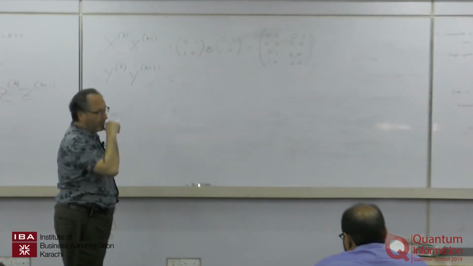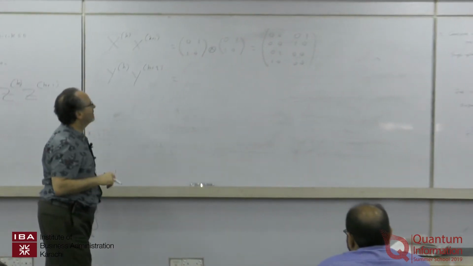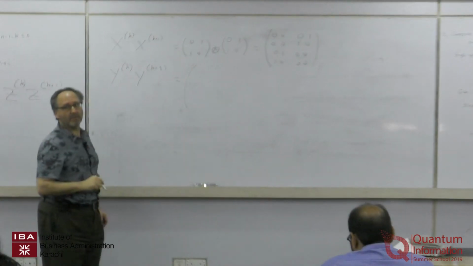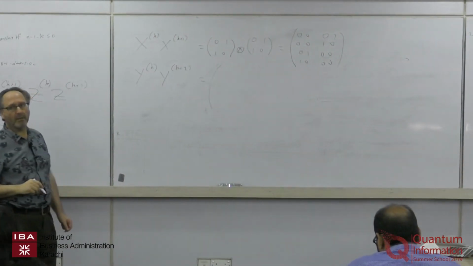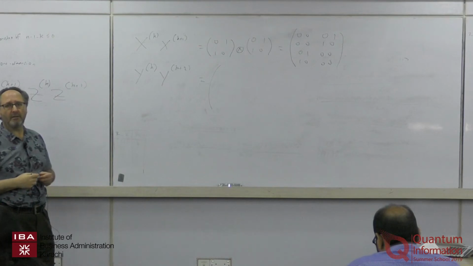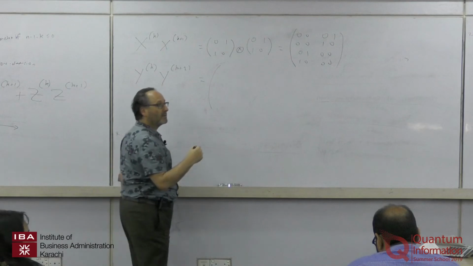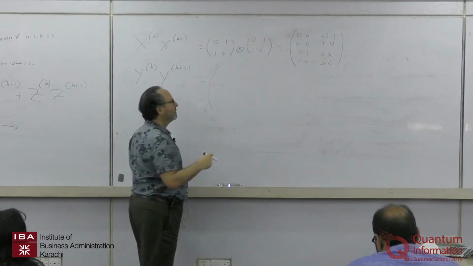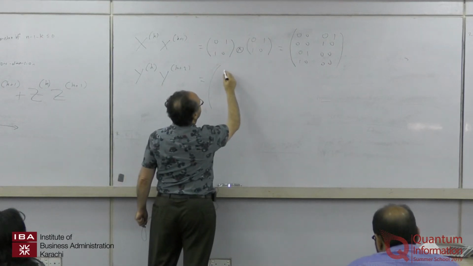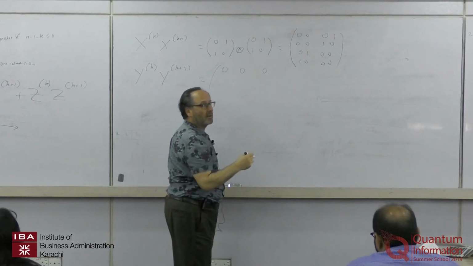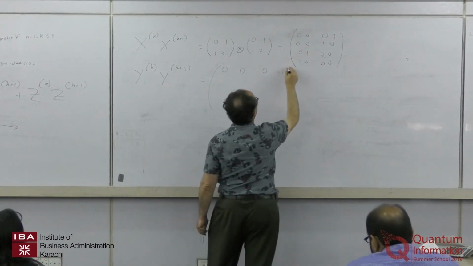Equals. So in this case, what should I write? Can you see the answer immediately? Instead of 1, I'll have a minus i or an i. So say 0, 0, minus i.